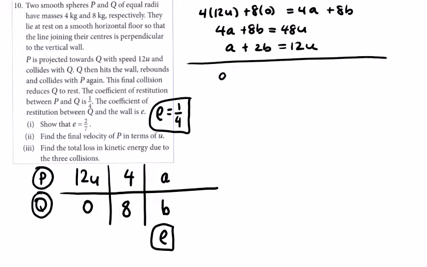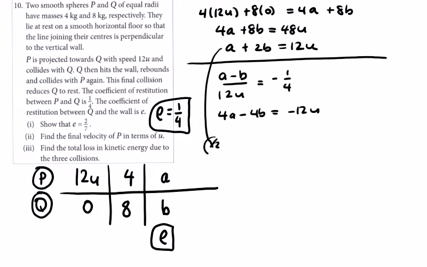Then A minus B over 12u minus 0 equals minus 1/4, the coefficient. So 4A minus 4B equals minus 12u. If we multiply the top one by 2, we can write 2A plus 4B is equal to 24u.